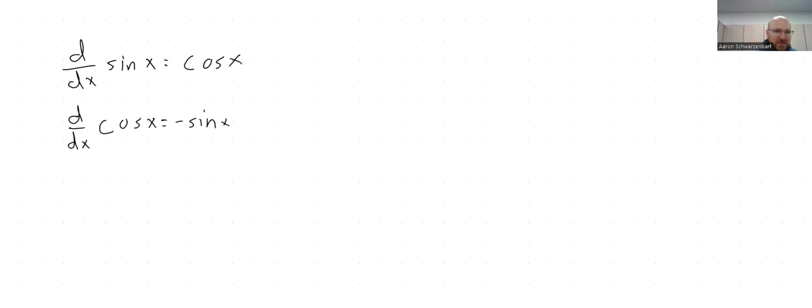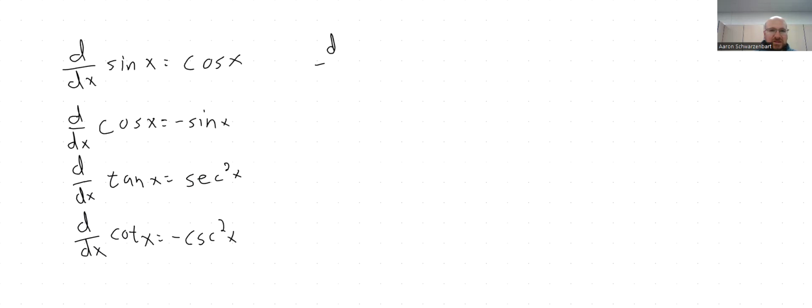The derivative of tangent x equals secant squared x. The derivative of cotangent is negative cosecant squared.